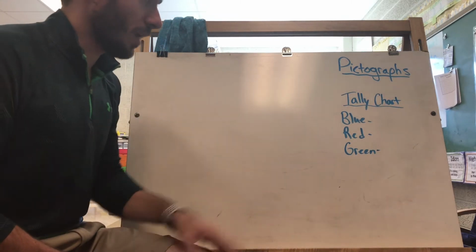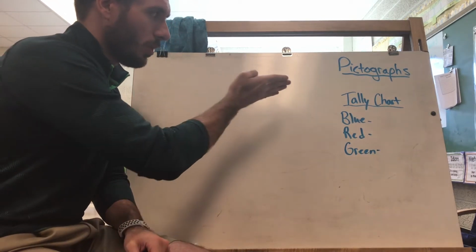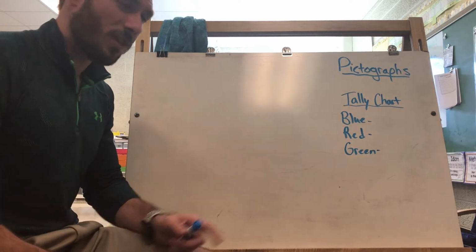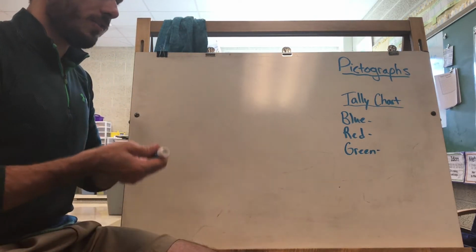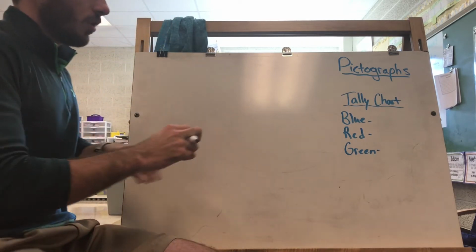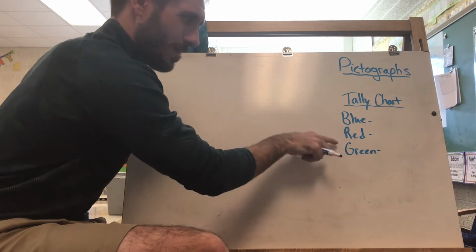Okay? So in pictographs, we're going to gather information first. That's usually step one. So I'm going to use basically the same information that we had for the bar graph, which is a tally chart. I made some fake numbers. We have red, blue, green.